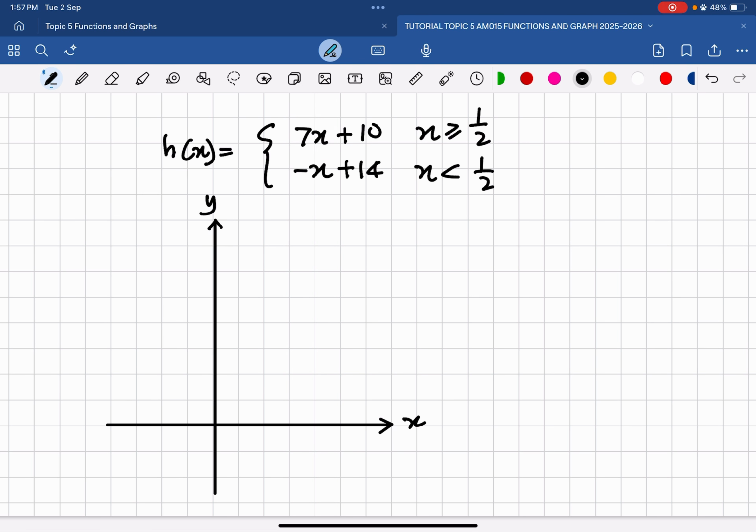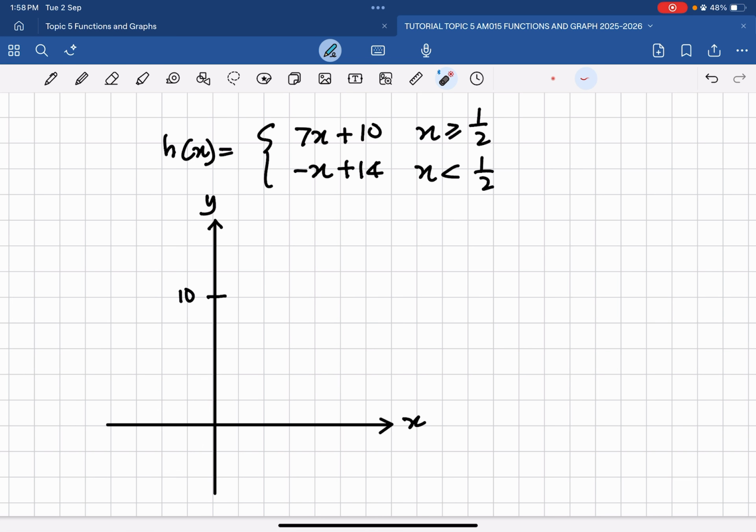So 2, 4, 6, 8, 10. Okay, somewhere here. When y is 0, x is negative 10 over 7. Somewhere here.